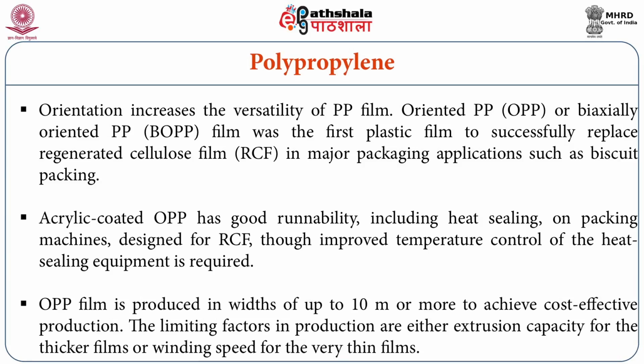Oriented polypropylene film is produced in widths of up to 10 meters or more to achieve cost effective production. The limiting factors in production are either extrusion capacity for the thicker films or winding speed of the very thin films.